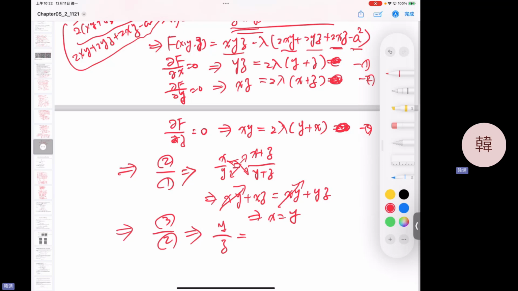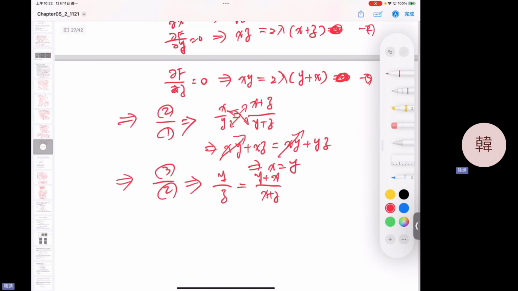So you have y plus x divided by x plus z. So again, cross multiplication. So what can we get? xy plus yz equal to yz plus xz. So yz cancels, x cancels, and y equals z. So from these second 2 equations, you can discover y should be equal to z.